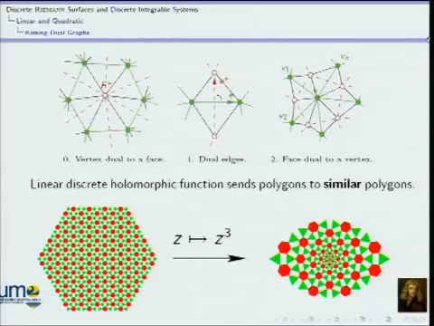So first of all, you've got to picture your two dual graphs at the same place. You have, let's say, vertices and the dual vertices which are in the middle of the faces. But this is a bit crumbled, you don't have space.